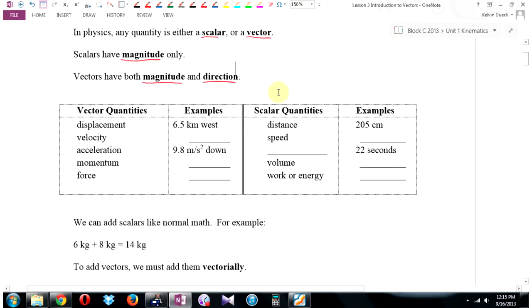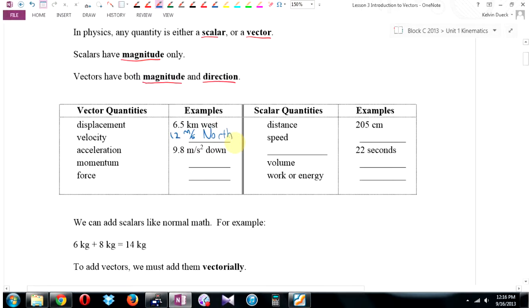Distance is a scalar, 205 centimeters. Displacement is a vector, 6.5 kilometers due west. Velocity is a vector, 12 meters per second north.